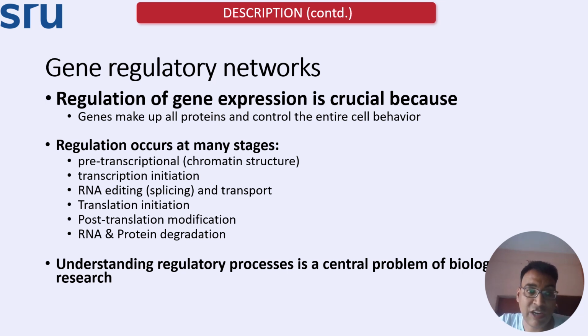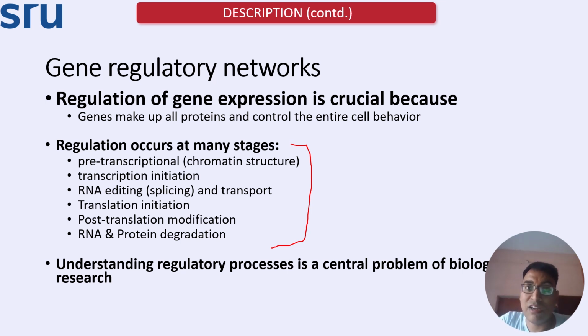Regulation occurs at many stages, like pre-transcriptional, transcriptional, RNA editing, like how the different splicing takes place, or the translation initiation, post-translational modifications, RNA and protein degradation. At all these different steps, the complete control of all the different biomolecules is constantly taking place, so that the concentration of different biomolecules can be well regulated in a system.